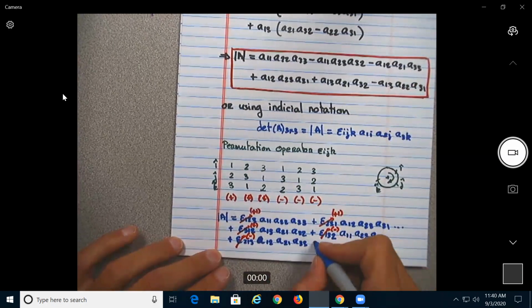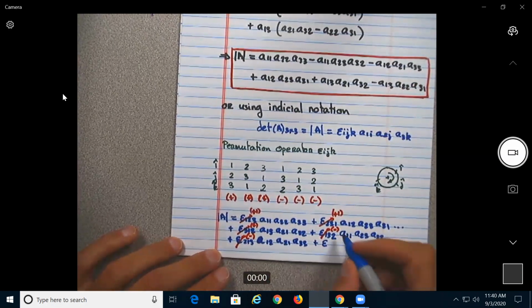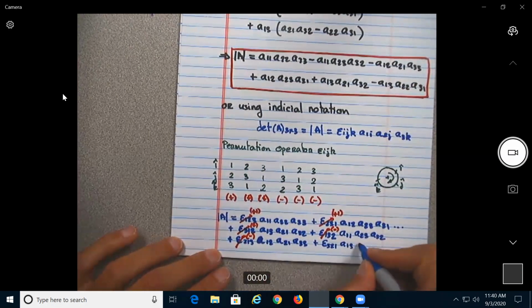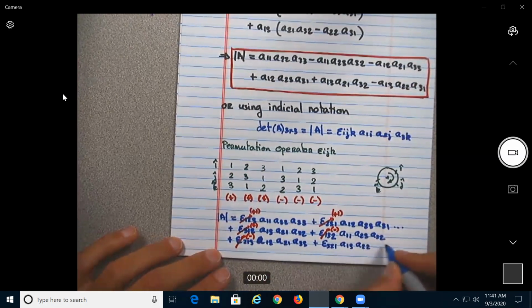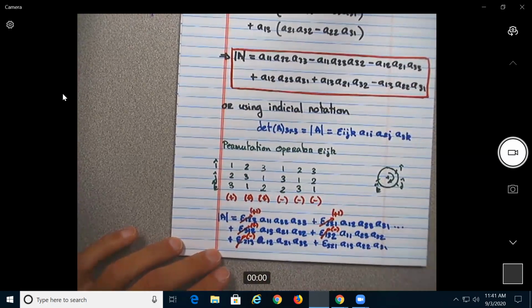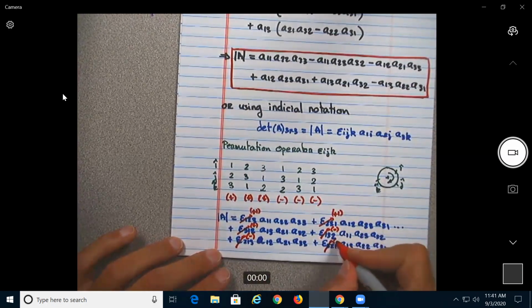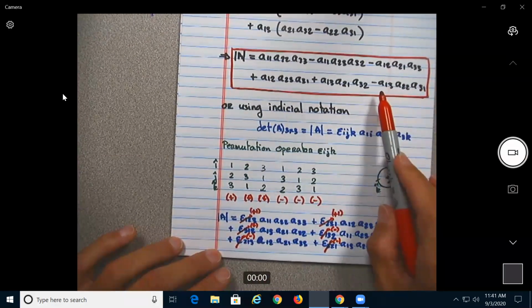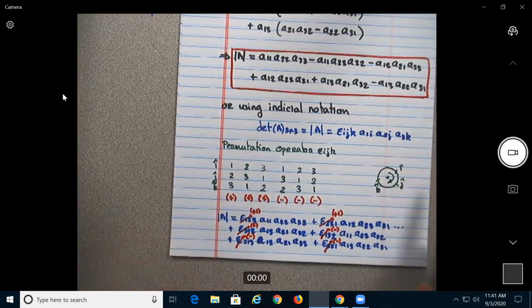And finally, we have plus epsilon of 3, 2, 1, A of 1, 3, A of 2, 2, A of 3, 1. This one should also be negative. And that should correspond to A of 1, 3, A 2, 2, A 3, 1, the last term over here. Okay? So basically you get the same thing.